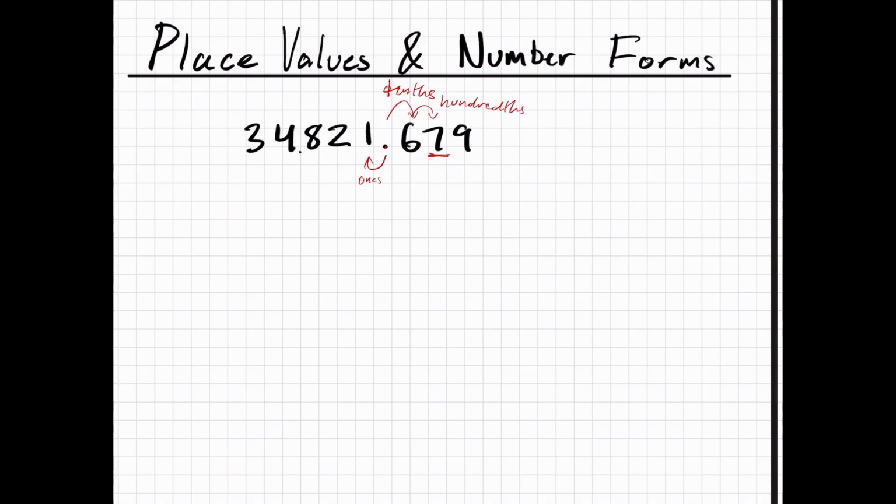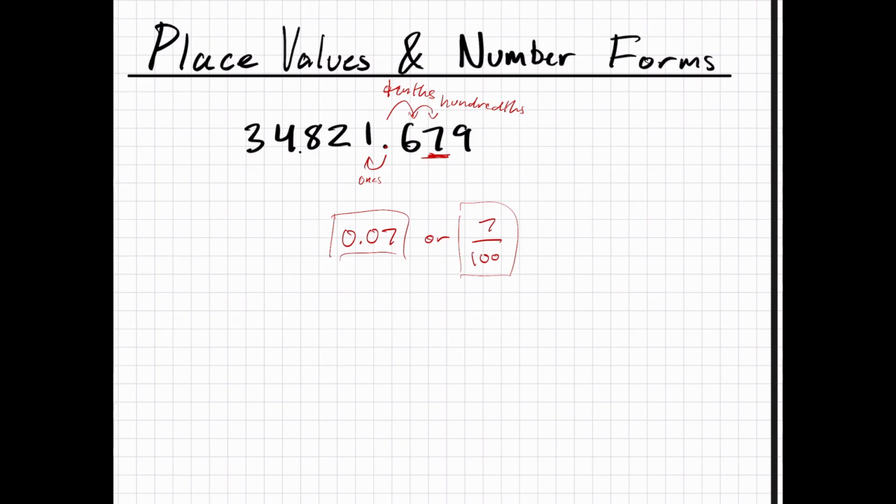Hundredths, okay? So this 7 represents the hundredths place. So that 7 holds a value of 0.07 or 7 hundredths, right? Either one would be acceptable, but if it asks you to put it in fraction form, this is the best one. If it asks in decimal form, this is the best one, okay? So this is kind of an overview of place values and number forms.